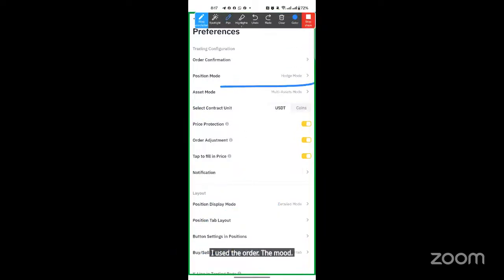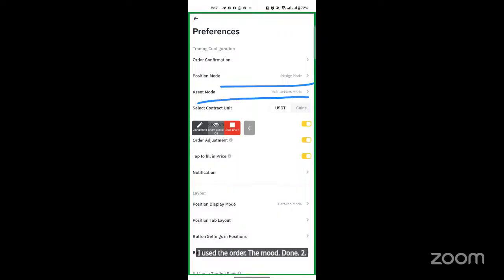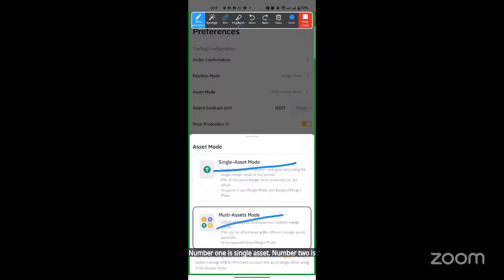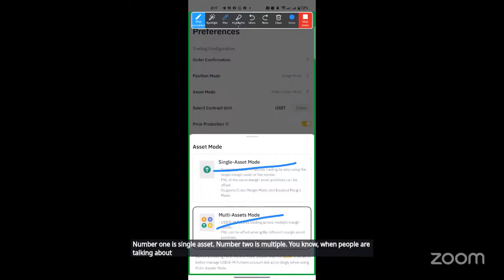So, I choose the order, the mode. Done. Next, asset mode. The asset modes are two. Number one is single asset. Number two is multiple. When people are talking about these things, they complicate them.